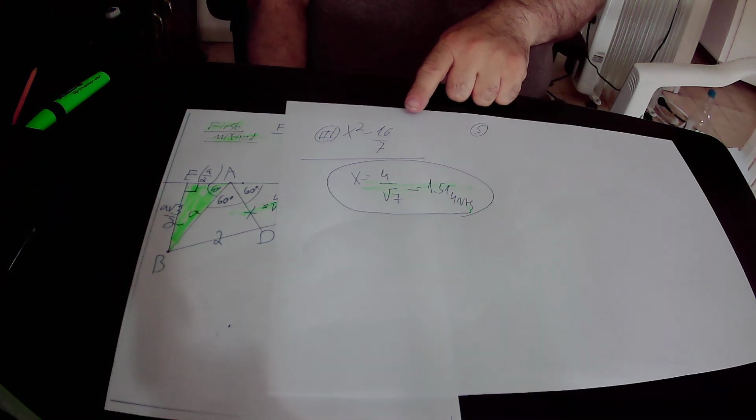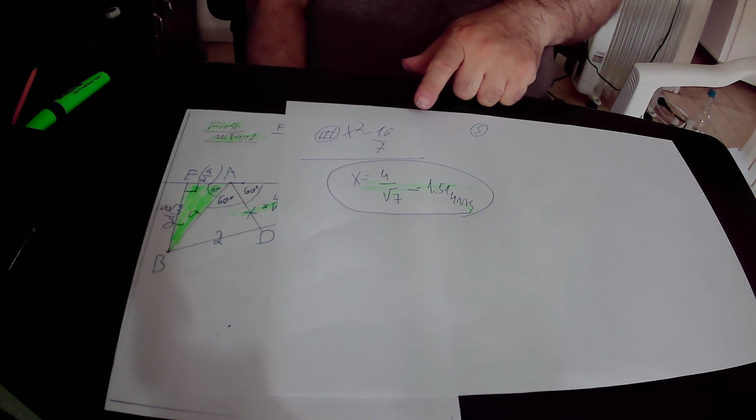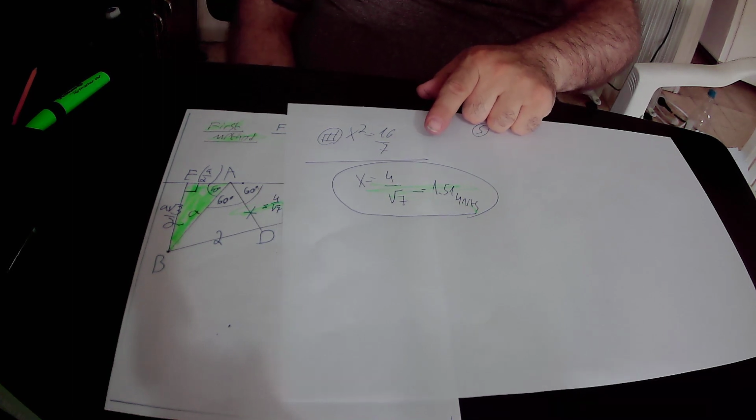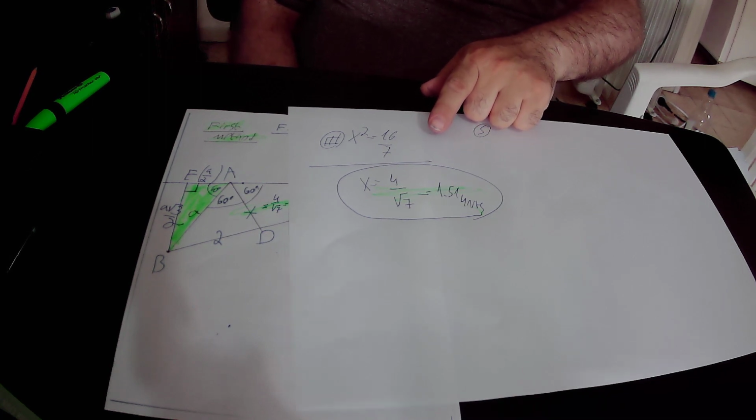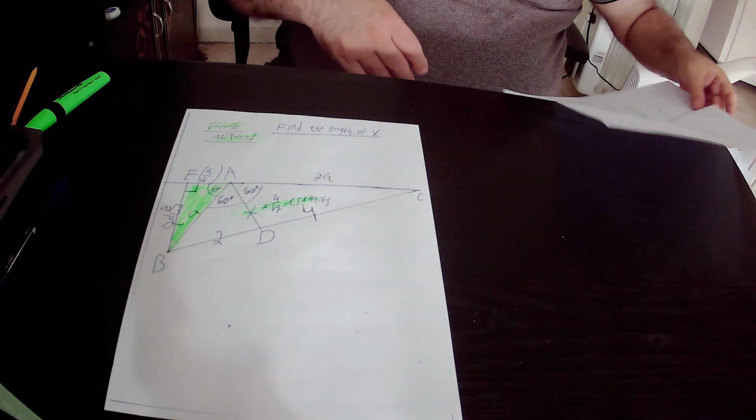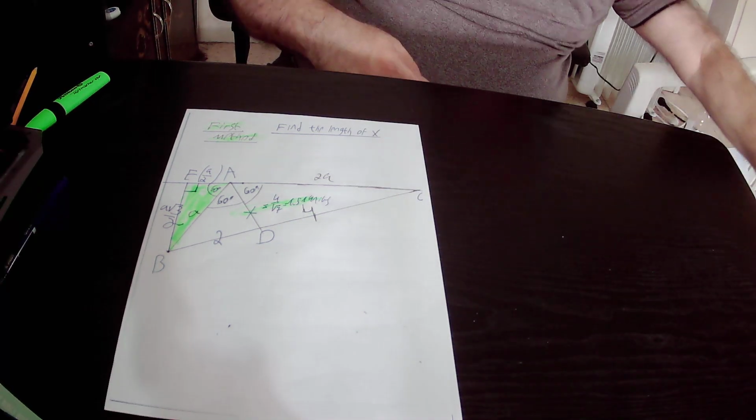x squared equals 16/7. We solved this equation and found that x equals square root of 16, which is 4, over square root of 7. So x equals 4 over square root of 7, and in terms of numbers it is equal to 1.51 units.